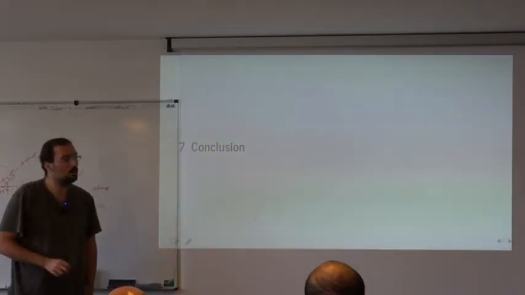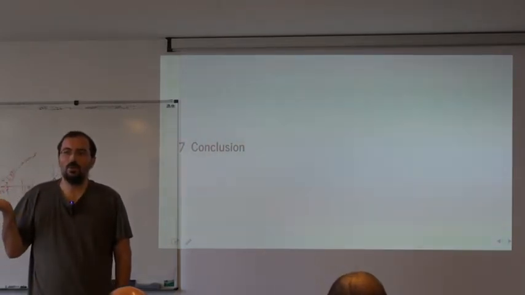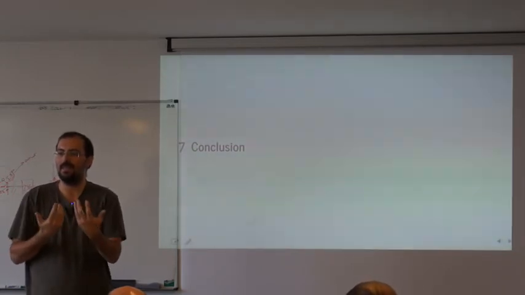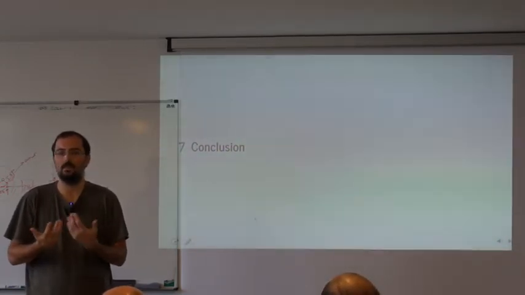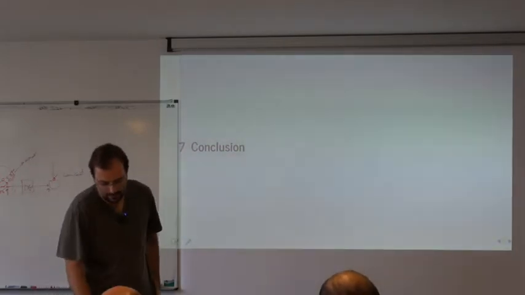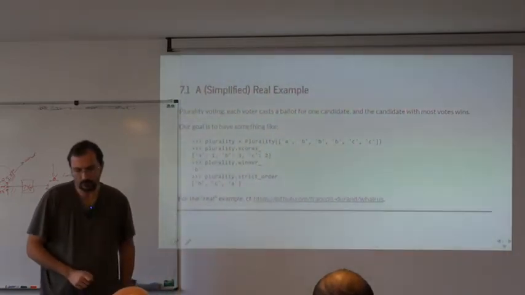So in conclusion, on a toy example, I find it a bit difficult sometimes to see why it is interesting to do things like this, because it's a toy example and it's difficult to know what is at stake. So I will show you a simplified real example.